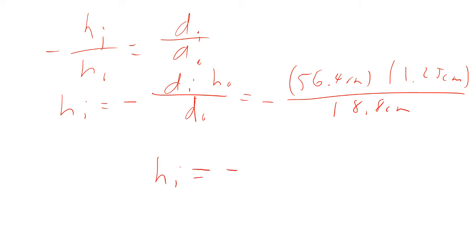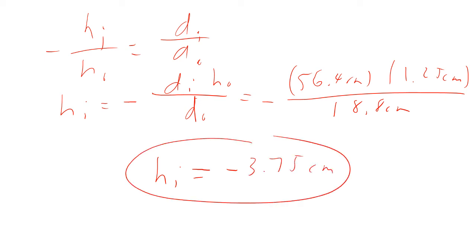Now, again, negative means it's upside down. So that comes out to be negative 3.75 centimeters. What's the magnification? Magnification is HI over HO.